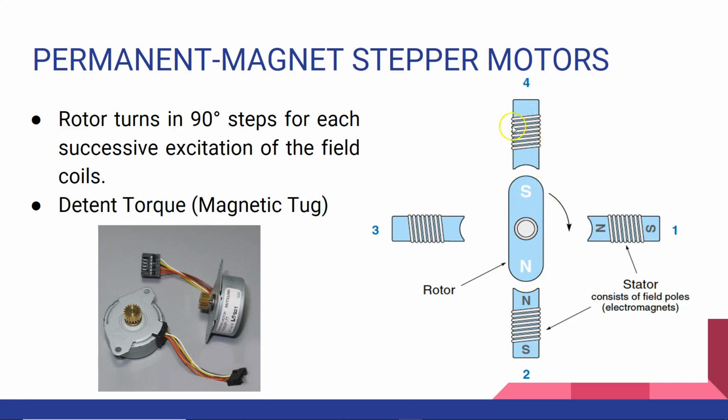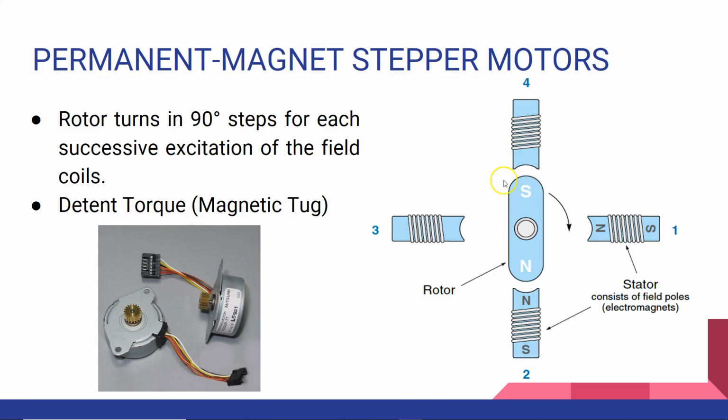And in the second case, when coil 4 is de-energized and at the same time coil 3 is energized, then your rotor direction will change towards the left, which means the south pole will be facing the third coil and the north will be facing the first coil. And the step size here, based on our example, is 90 degrees.